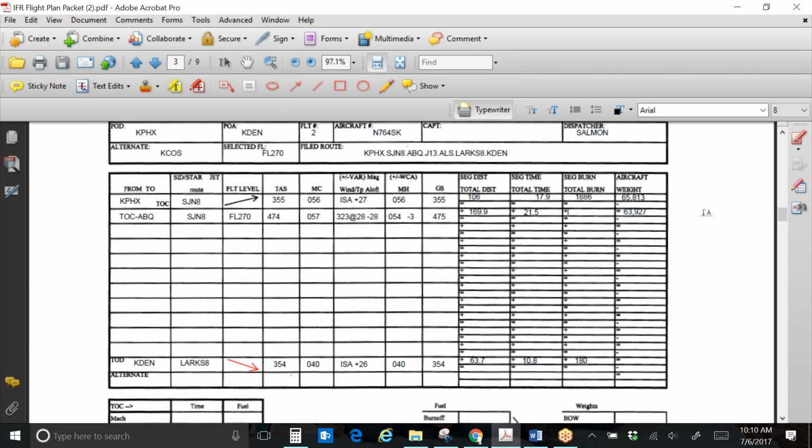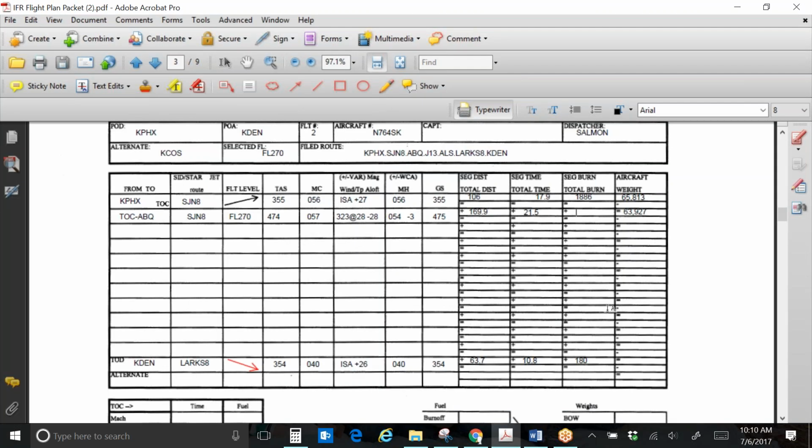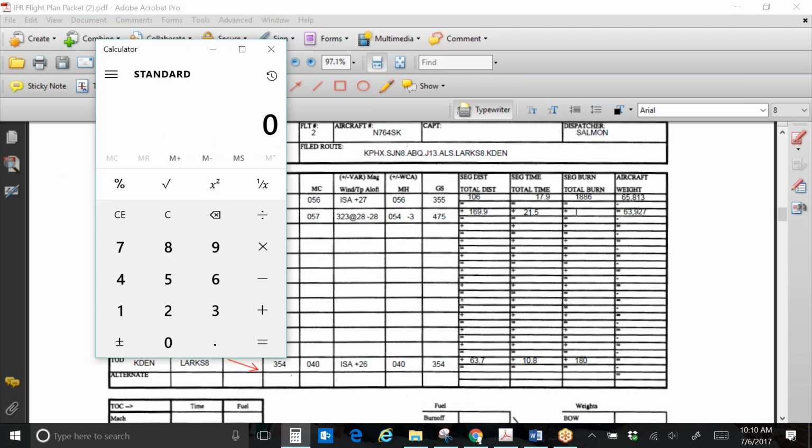Now, the other thing was that, going back to this, we're burning 4,174 pounds per hour. So let's figure out that burn. So I got my calculator. 4174. Go ahead and divide that by 60 because you want to know how many pounds you're burning per minute.